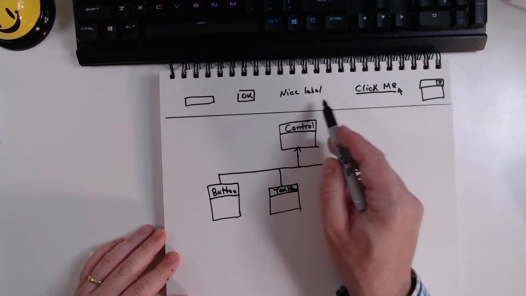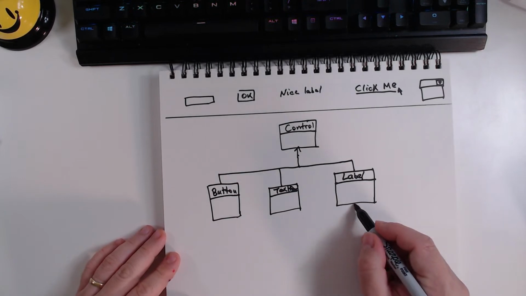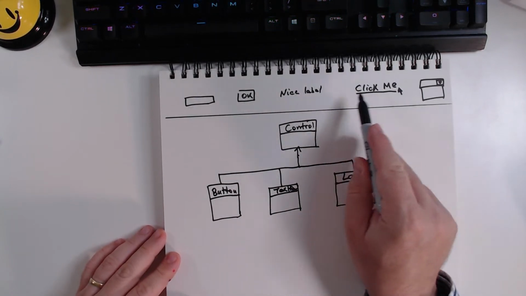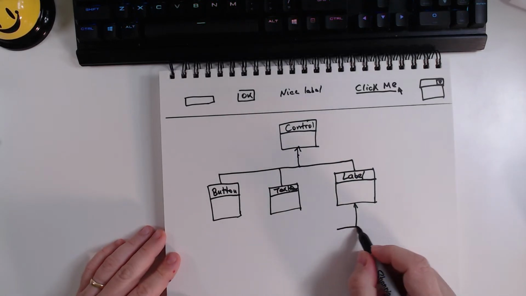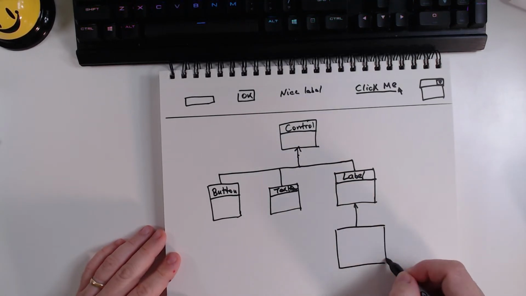And maybe from the label we can inherit a link label, right? Because these two look the same, but this one has extra behavior that allows it to be clicked. So maybe this one is inherited from here.